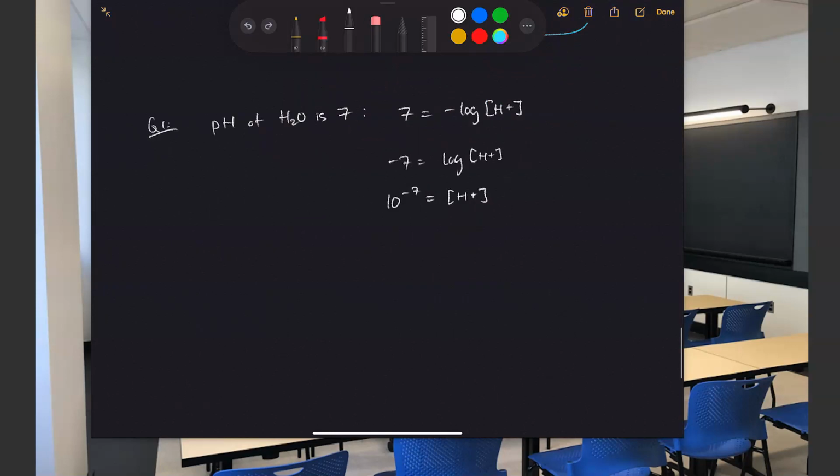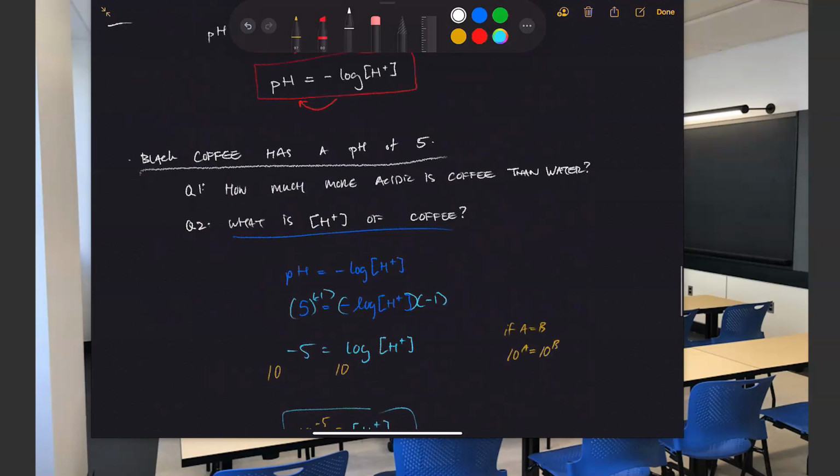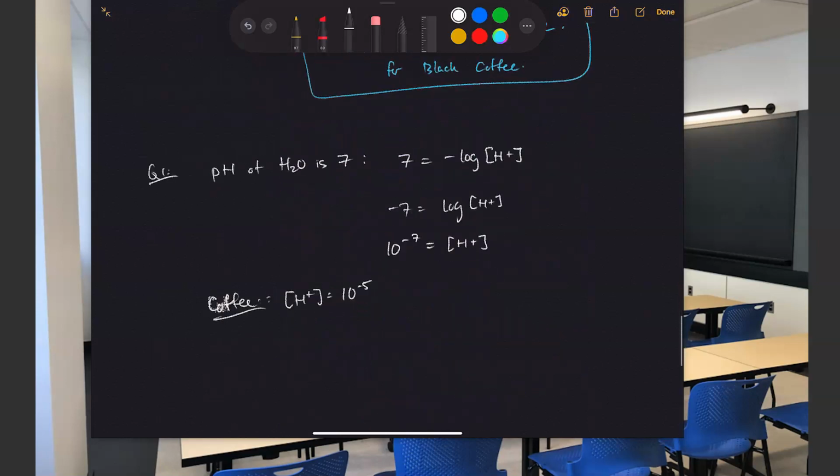So when we want to compare these two quantities, we know that coffee has a hydrogen ion concentration of 10 to the minus 5. How do we compare these two, or how much more acidic is coffee than water? Is the question.